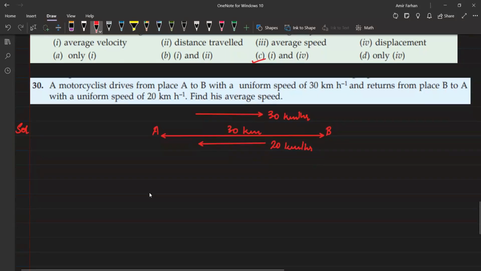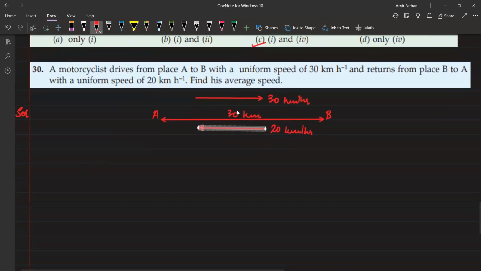So you can see this thing. The total distance will be what? Can anybody tell me what will be the total distance if I'm going from A to B and B to A? Saad and Samia, please tell me.